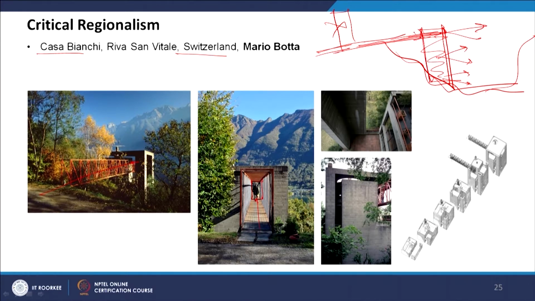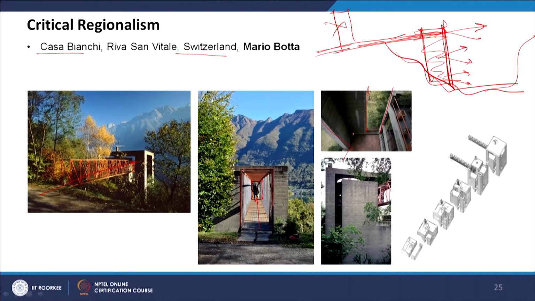So the design functionality is evolved from this particular context, and the design is also dependent on that. These long slits are to create uninterrupted vistas of this particular building. If you look at the plan, these details are available on net.